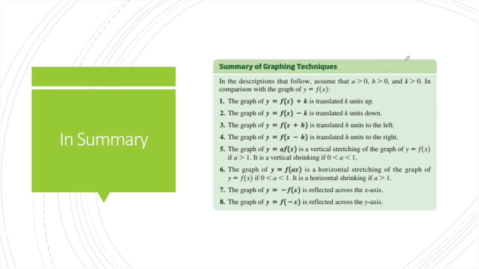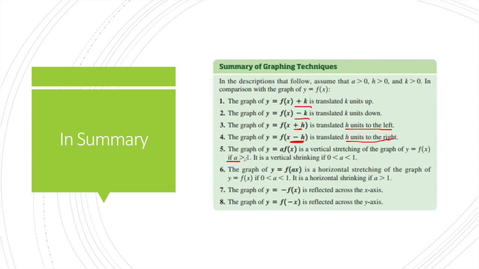All right, this next slide is just a summary of the graphing techniques we went over. We're going to see how these apply to functions other than quadratic functions when we start section 9.4 in the next video. So remember that if I have a vertical translation, I'm going to be adding or subtracting k. If I have a horizontal translation, I'm going to be translating h units to the left, so the negative direction, even though h is positive, or h units to the right, even though my h is negative.